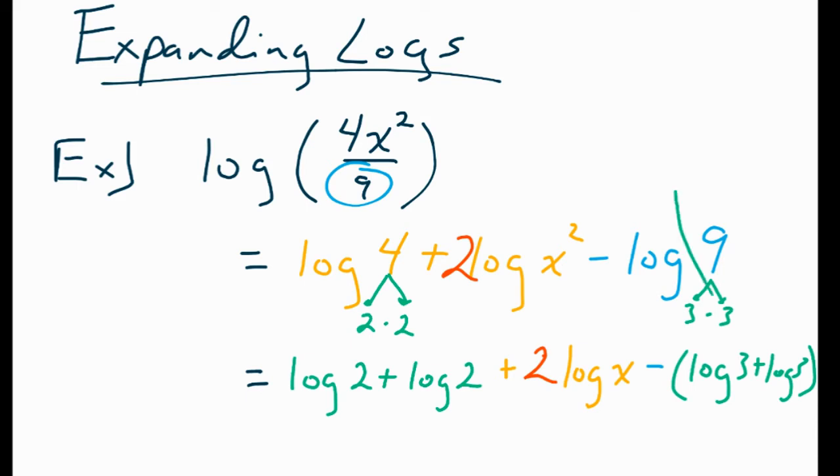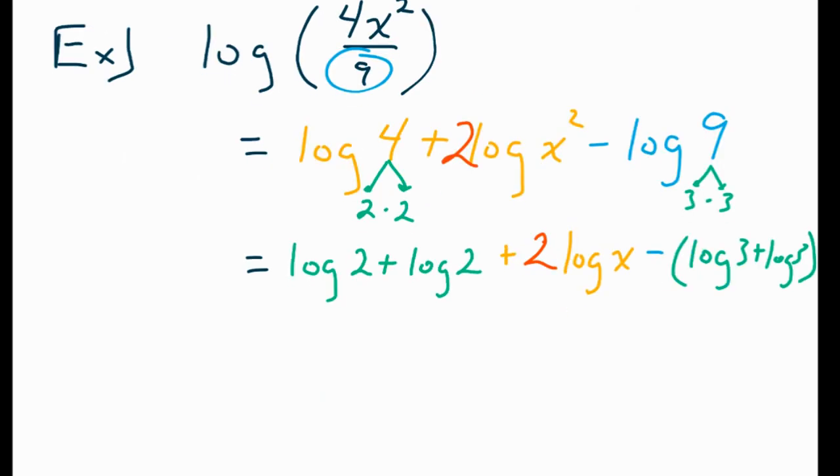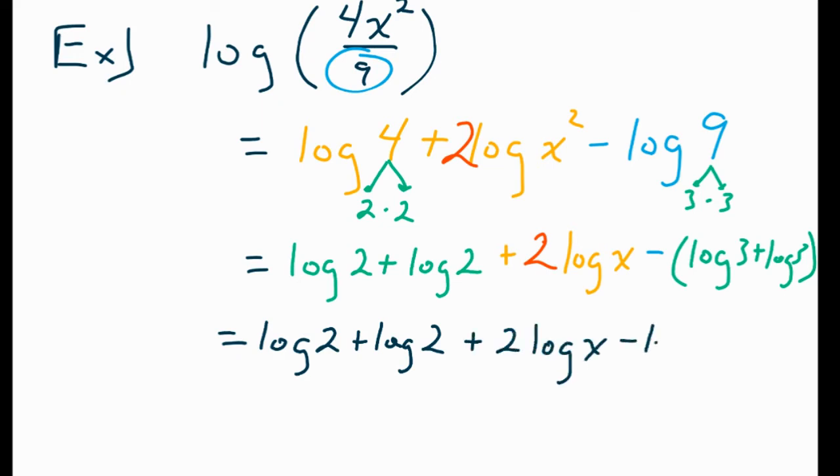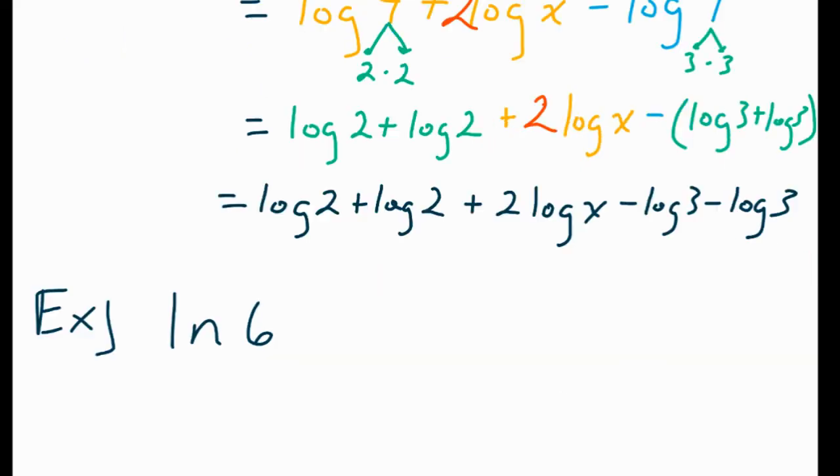And so if I want to expand this fully, I need to make sure I distribute that subtraction sign. And now I end up with a whole bunch of logs: a log of 2 plus a log of 2, plus 2 log of x, and again I'm going to distribute this subtraction sign, which now makes both of those negative. Now we have fully expanded that log.